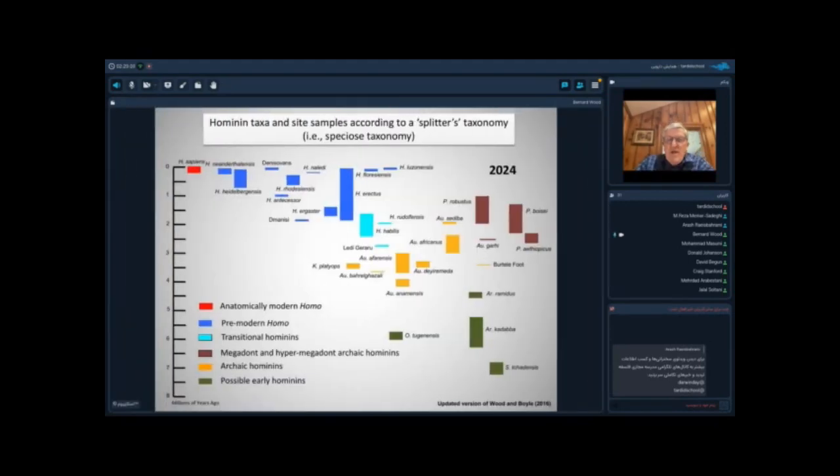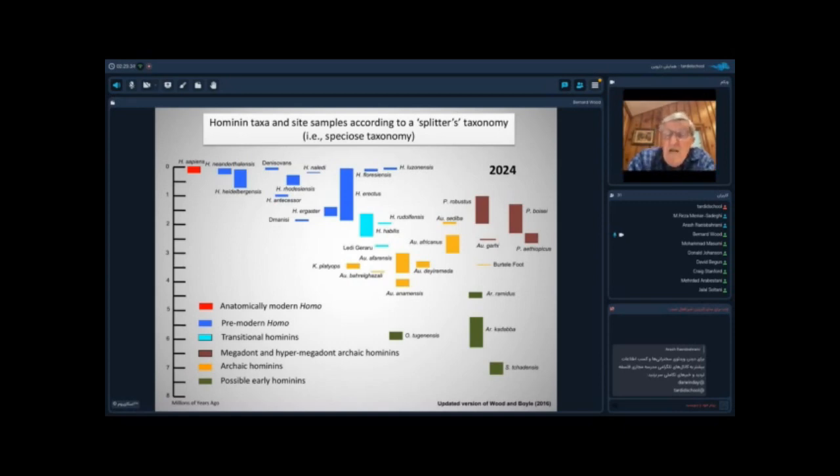So let's go back to the diagram of the fossil hominins and inquire whether that is more like my great-grandparents' golden wedding or more like my christening. In other words, are all those columns, all those hypotheses about the existence of an extinct hominin, are they all our ancestors or nearly all our ancestors?